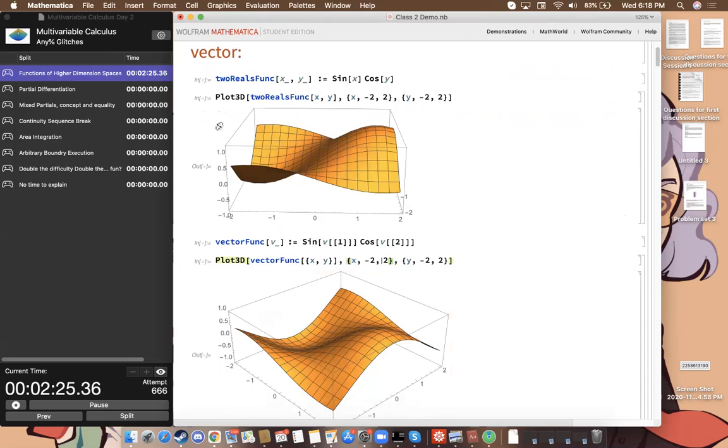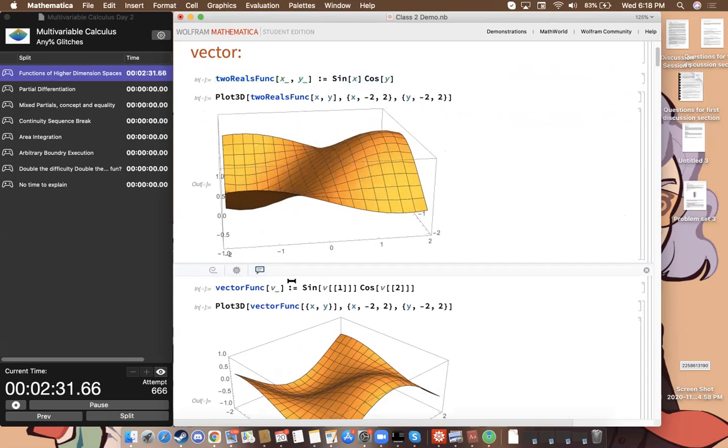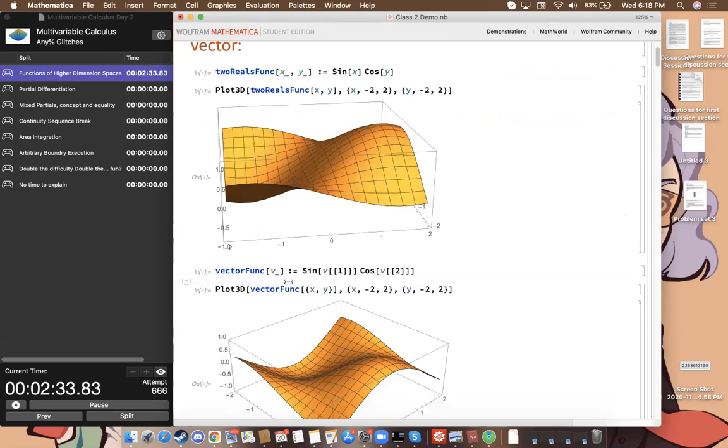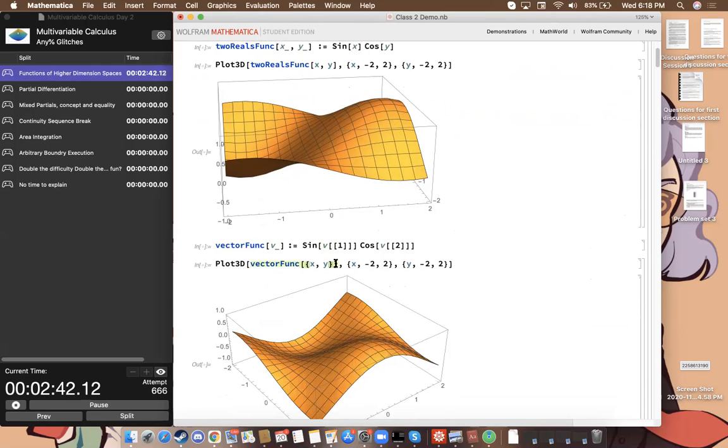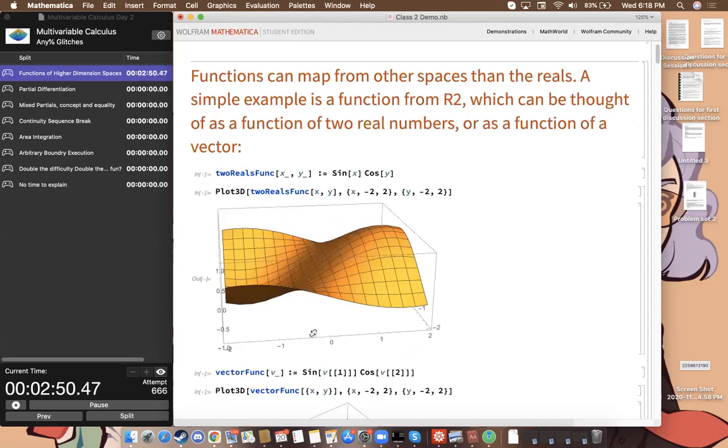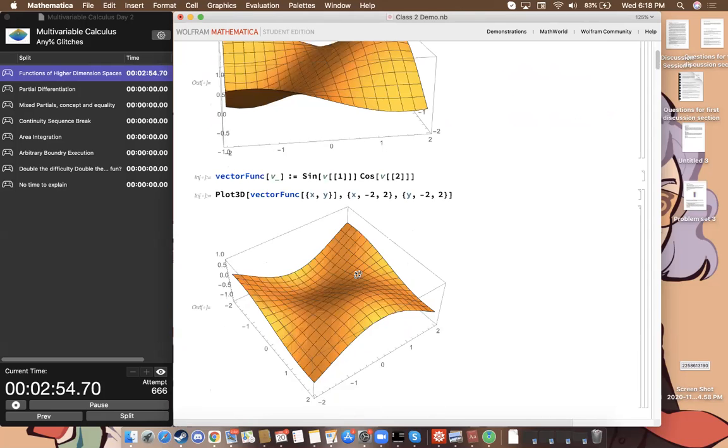So you can see the 2 ways defined here, one where I actually have 2 inputs and I plot it out. And down here, here's another example where I only have 1 input, this vector valued v as my input. And then I produce the same thing by acting on the xy vector. So these curly braces mean I'm passing it the vector xy, as opposed to up here where I pass it x, and then I also pass it y.